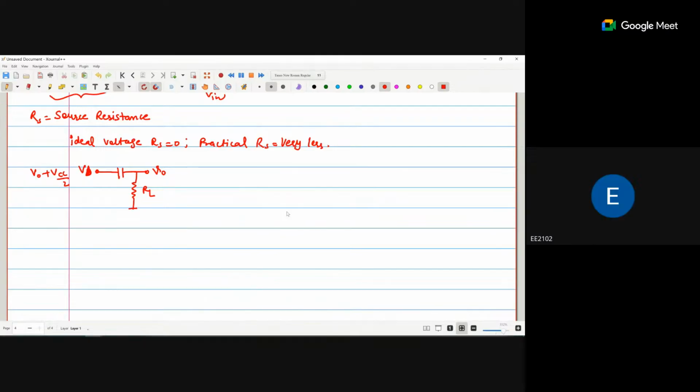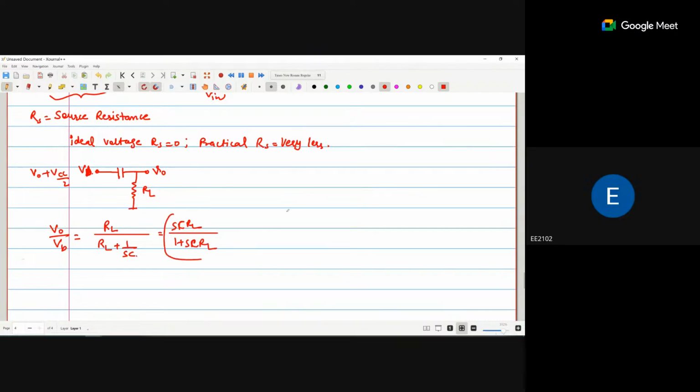Okay. If we are using the Vout plus VB here, so what is the output voltage? Basically, what is the transfer function of that one? So Vo upon VB is equal to RL upon RL plus 1 upon SC, or we can say SCRL upon 1 plus SCRL.